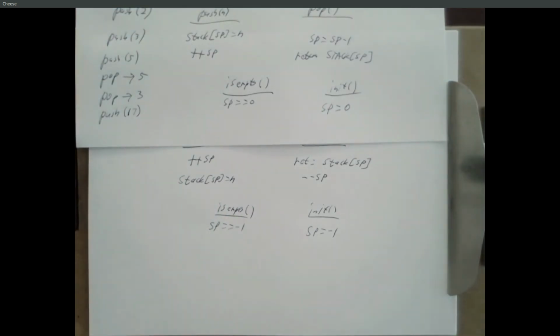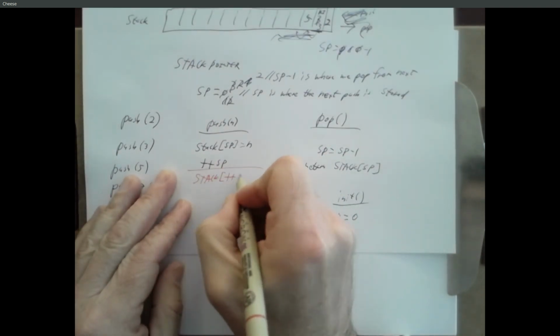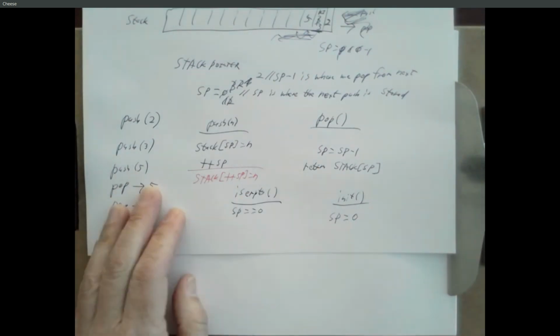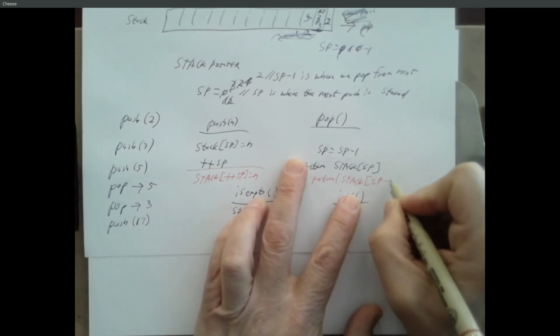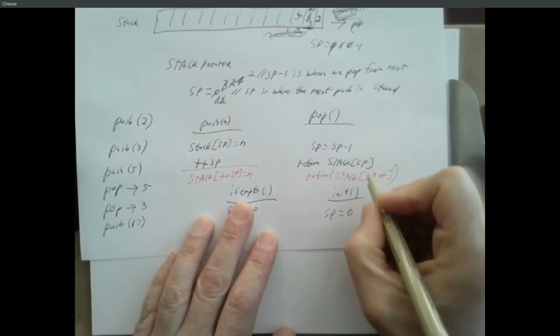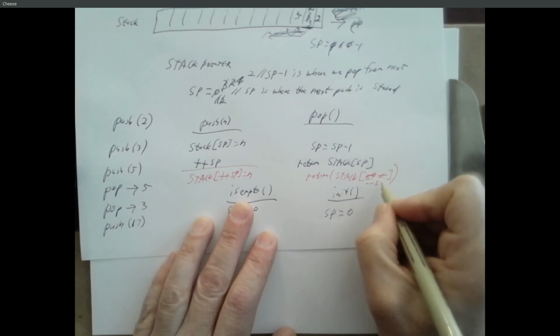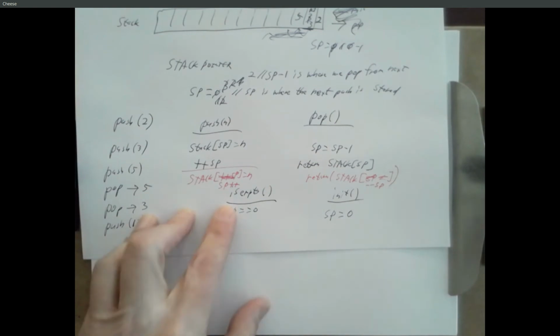So we can write this in the language of C. A pre-increment basically says stack bracket plus plus SP equals N. And this becomes return stack bracket SP minus minus. Right, decrement, I did these backwards. Decrement and then use SP. Use SP and then increment.